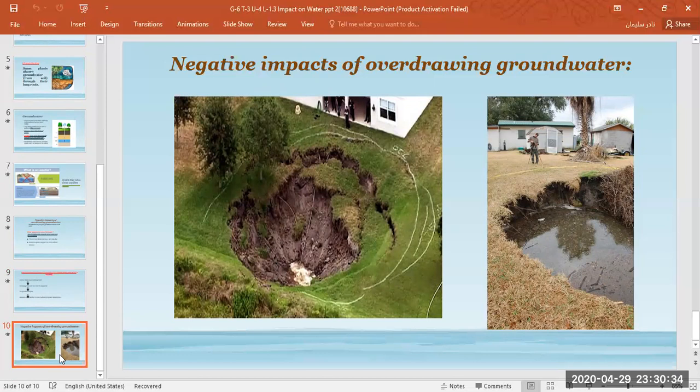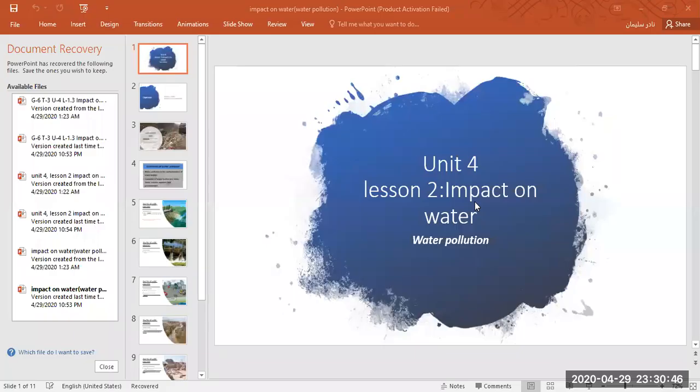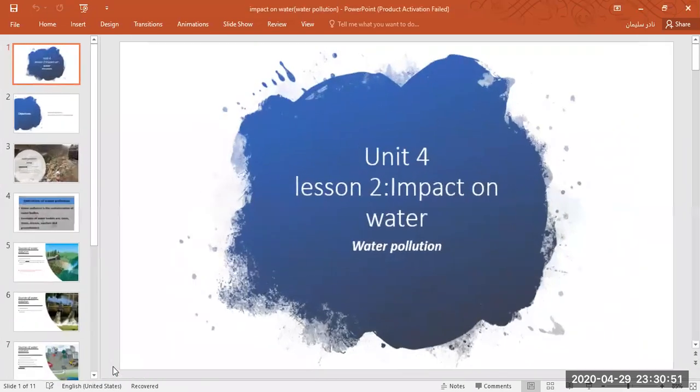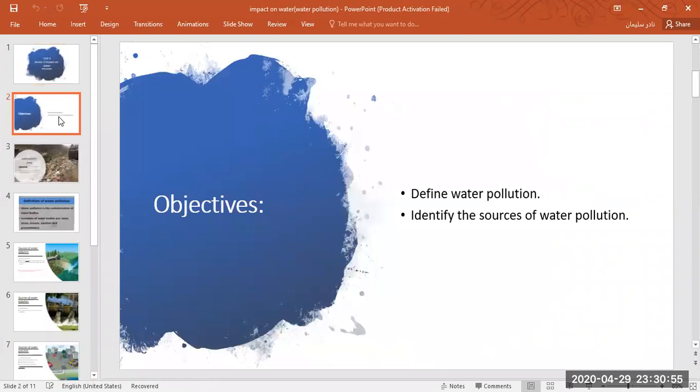Now we are going to speak about water pollution. Let's speak about the causes of water pollution. As you remember, we discussed the definition of water pollution, and we also identified the sources of water pollution.